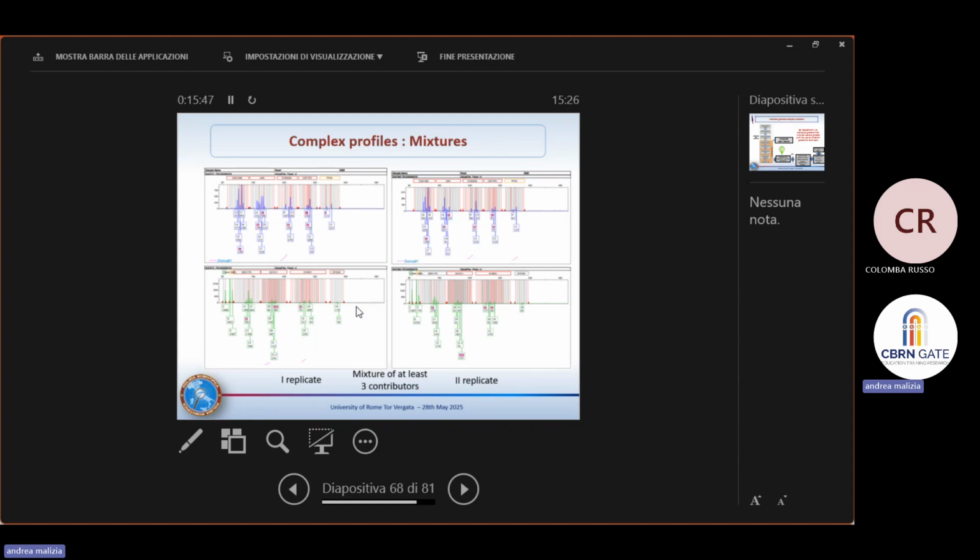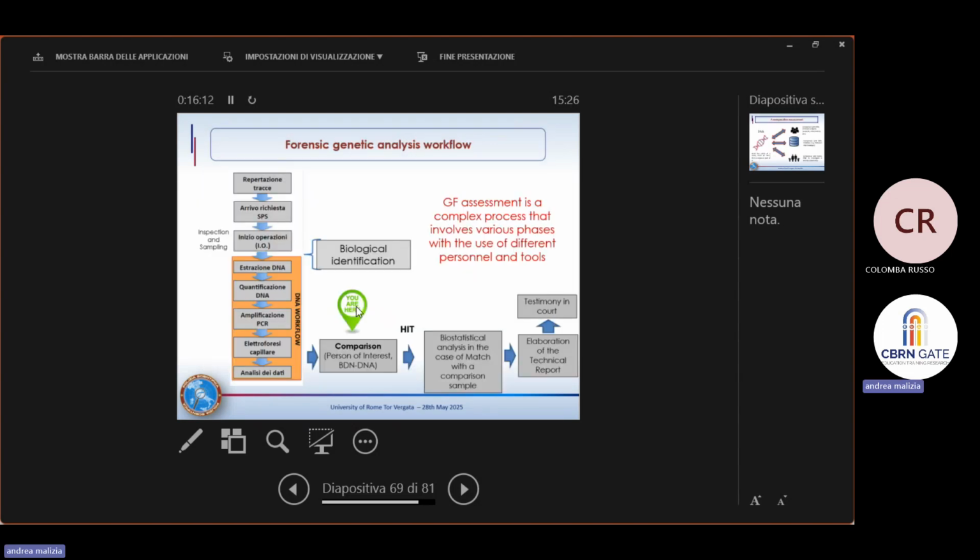This is a mixture profile from at least three contributors, in which in pink you have the presence of a victim, for example. It's not always possible to understand if a contributor is present or not. It's not so easy. Interpretation can be really difficult.